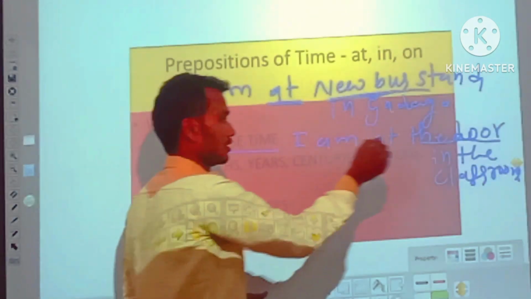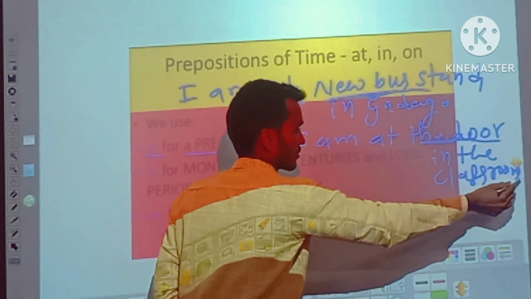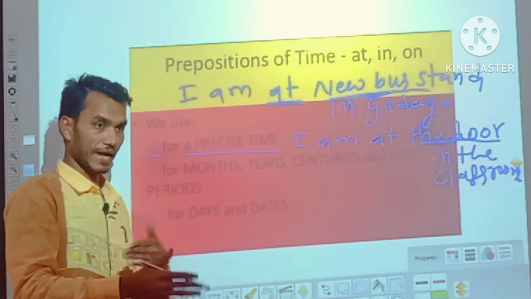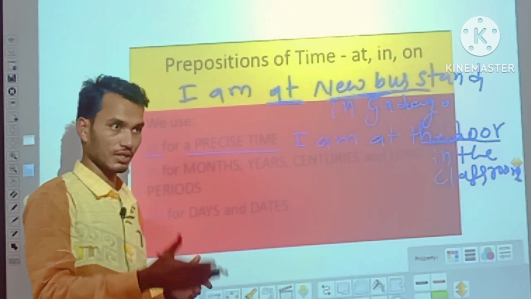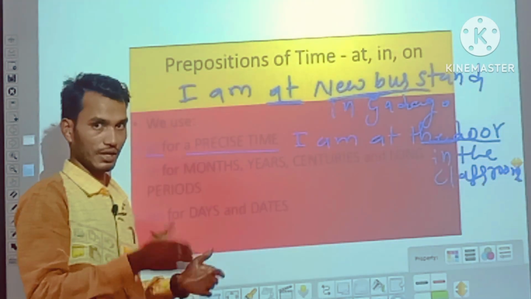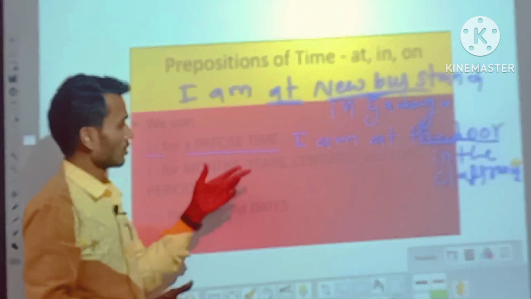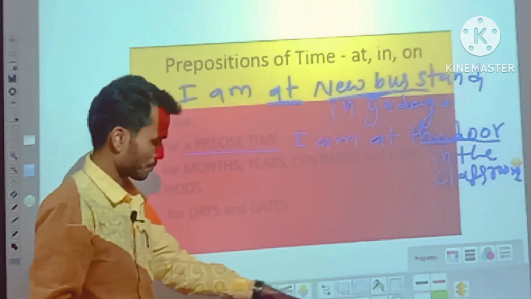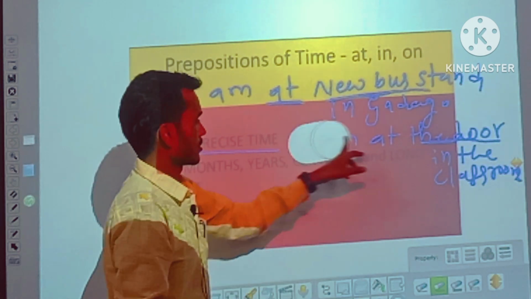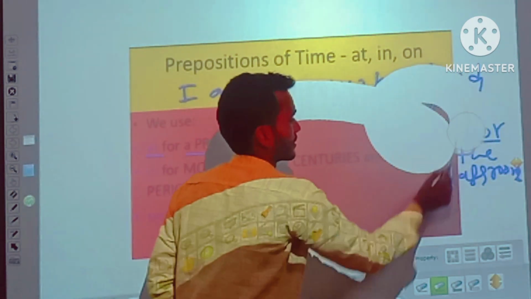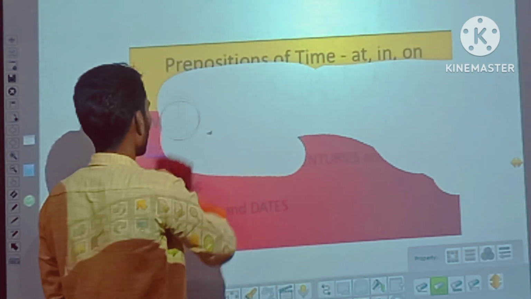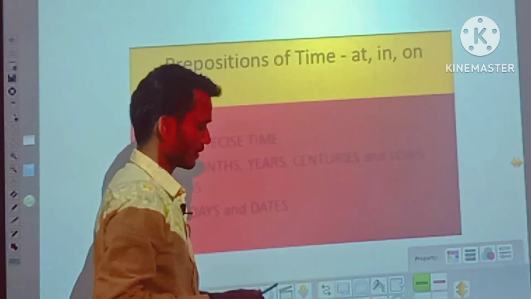I am at the door in the classroom. So I am at Jubilee Circle in Dharwad, right? At is used when we are going to tell a specific place, right?